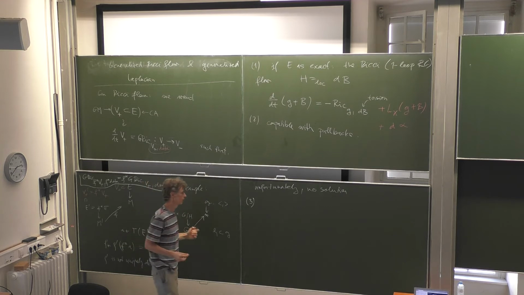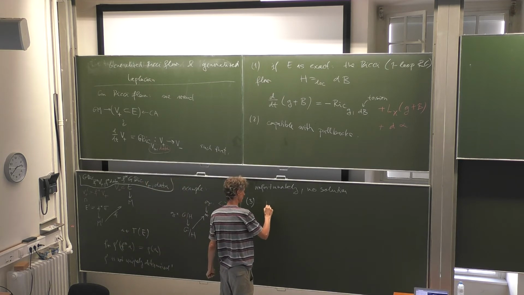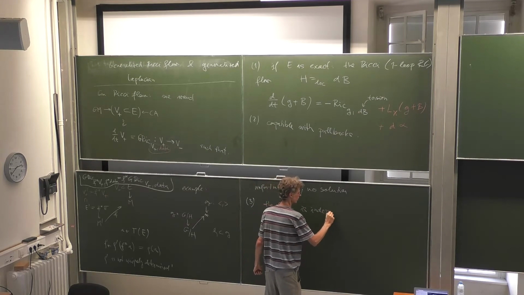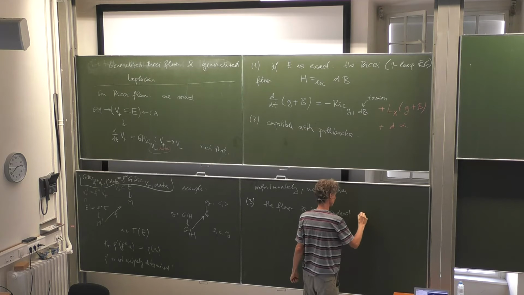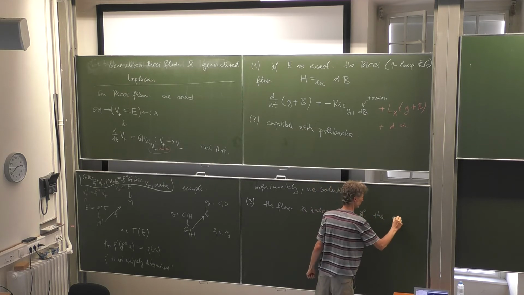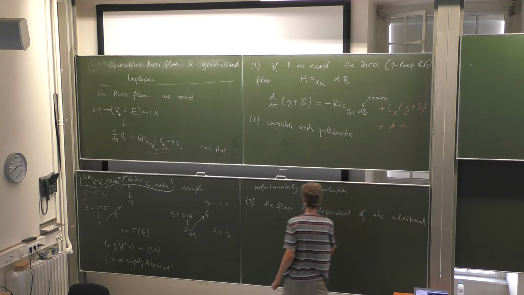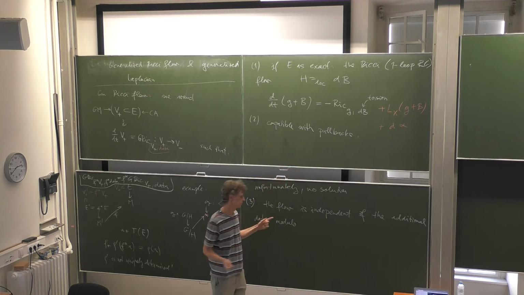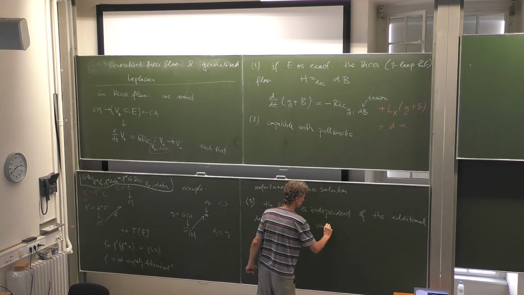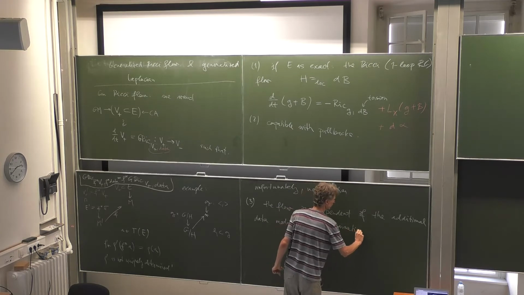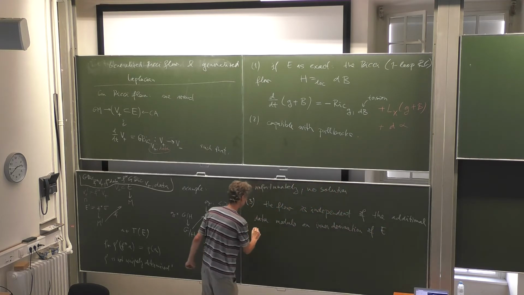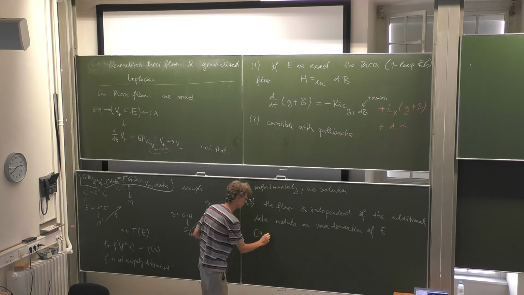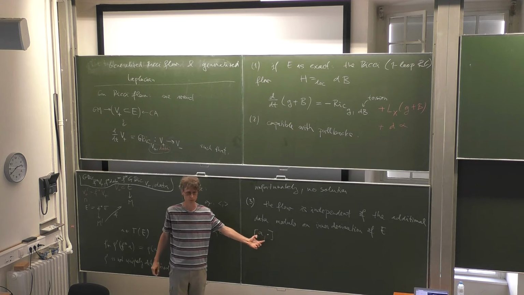Once we have it with this additional data, we want that the flow is independent of the additional data modulo a term of the sort, so modulo an inner derivation of E, meaning modulo a thing that looks like we take a section of E and we apply this infinitesimal automorphism.